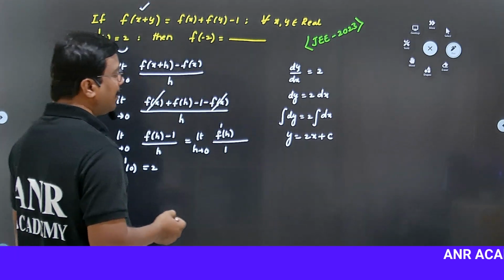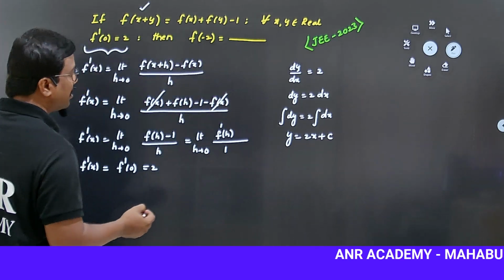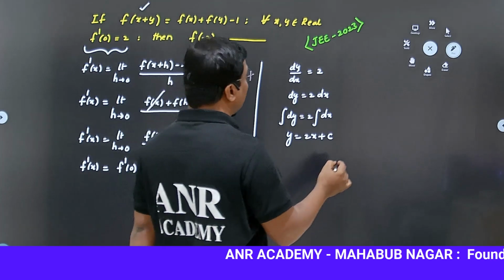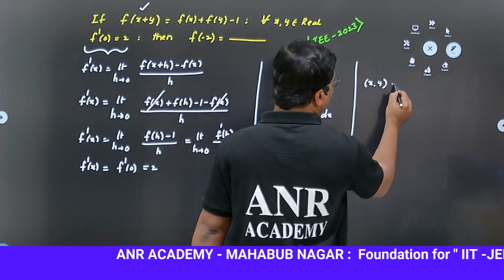And here you have to eliminate the constant c. To eliminate the constant, I am going to write x value 0 and y value 0. Let us observe what happens. Let x, y be 0, 0.